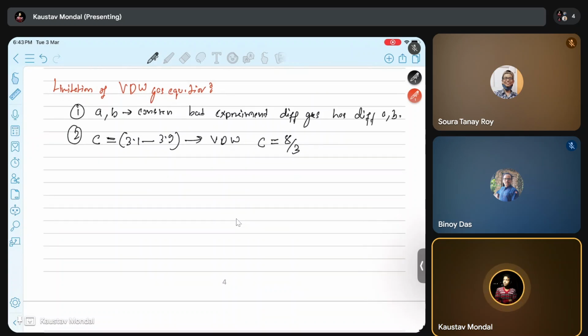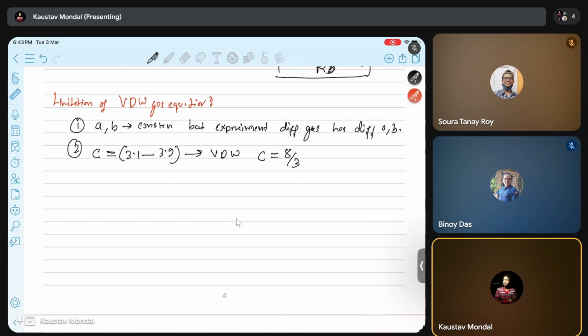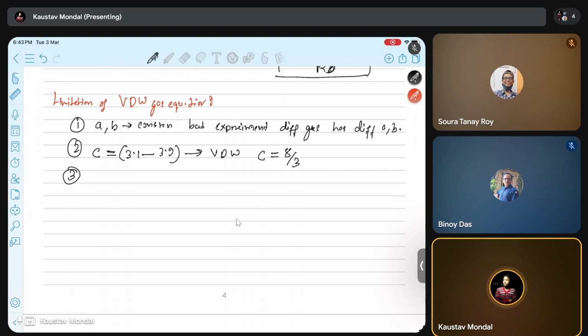And the third thing is the same thing. This critical volume VC that we have calculated is just 3B, that is some constant. This is the expression of VC, but in observation it has been observed that VC varies from 1.46 to 2.86, which means it is a variable thing.